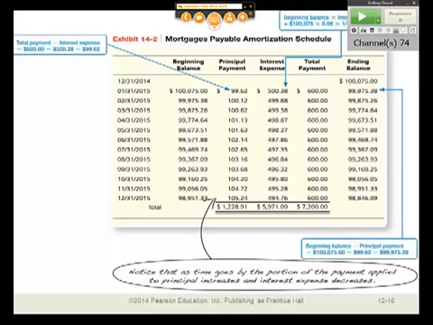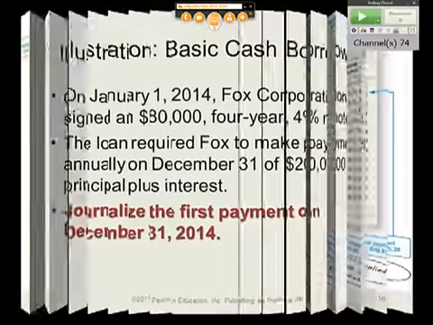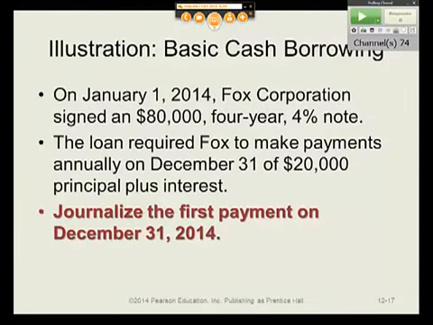Okay. All right, now let's try one additional example. Okay, so here's an additional example. It tells you that we have Fox Corporation that signs an $80,000 4-year 4% note. The payments are annual of $20,000, principal plus interest. So that payment does not include interest.